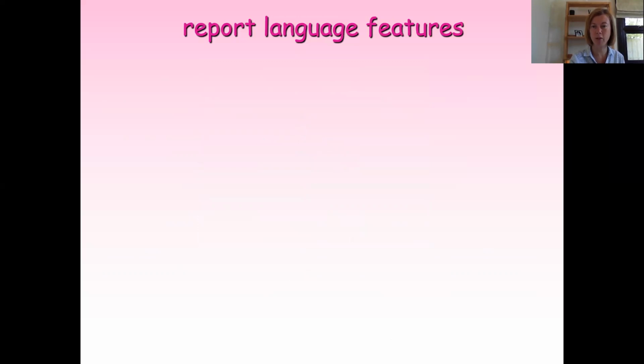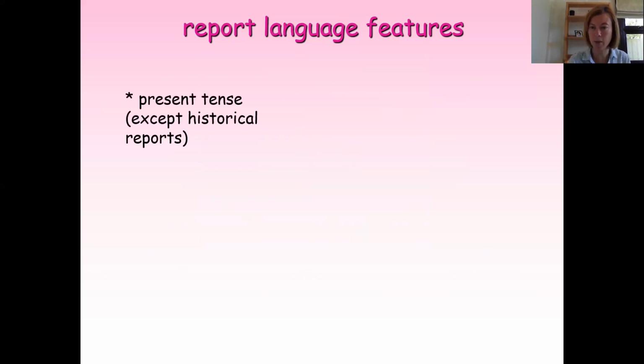Let's look at the language features first of all. So these are the types of things that you will need to do when you're writing your report. It needs to be written in the present tense. So I'm going to add that to my list. I've got my heading at the top of the list, key features of non-chronological reports. And I'm going to bullet point and write my list. So first of all, present tense.